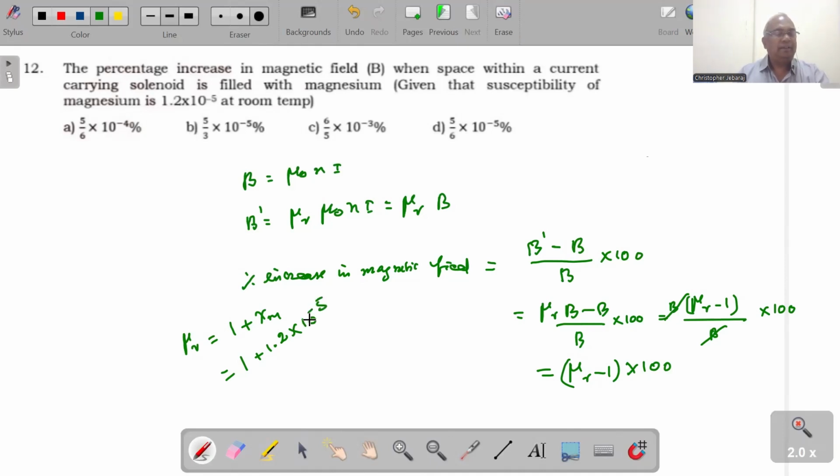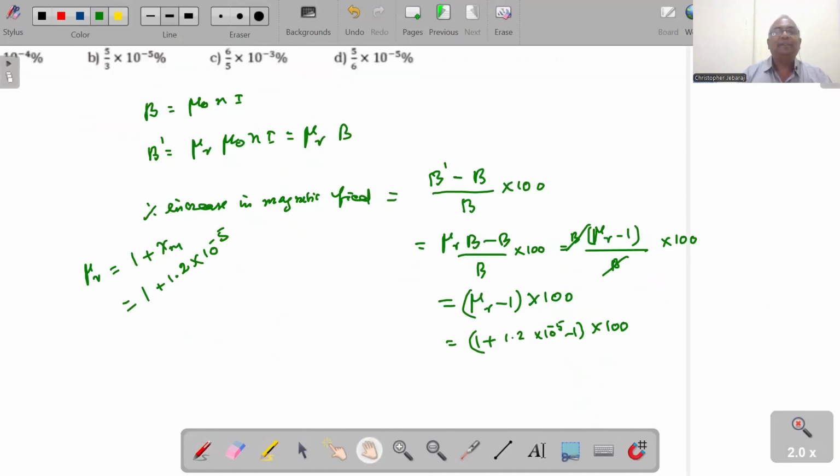Next, we substitute this value here. Where mu r is, we write 1 plus 1.2 into 10 to the power of -5, minus 1, into 100. So this term becomes: 1 and -1 get cancelled.